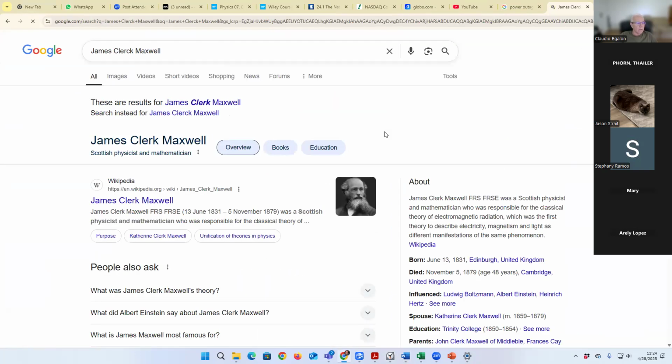Yeah, it's Clerk Maxwell. That's right. One of the geniuses who made important contributions to science. He was a Scottish physicist and mathematician.